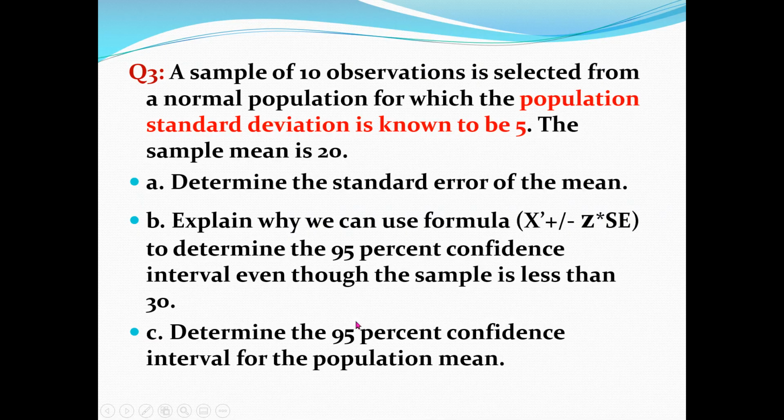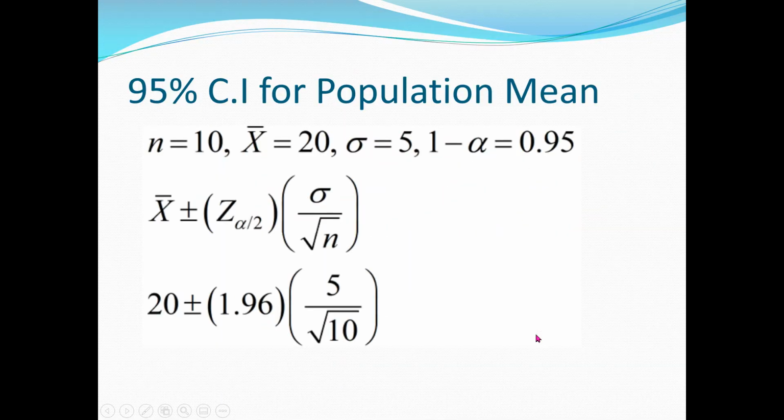Okay, so then the next part is we determine the 95% confidence interval. You know that the formula for the 95% confidence interval is x bar plus minus z alpha by 2 times sigma over square root of n. Because population standard deviation is still known, I am using sigma. So x bar is 20 as given in the question, sigma is 5, sample size is 10, and z is 1.96. How is it 1.96?